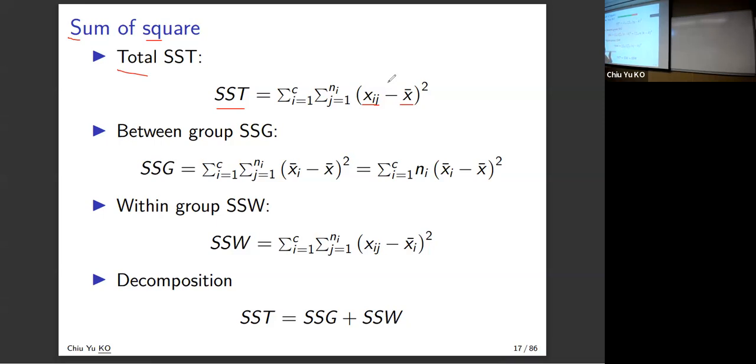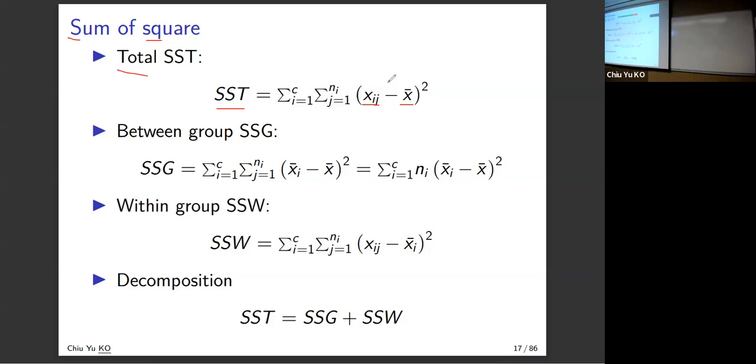SSG is very simple, because I want to calculate the variation between groups. Look at the equation: I don't use Xij, I use Xi bar. Notice I replace each observation by its group average.